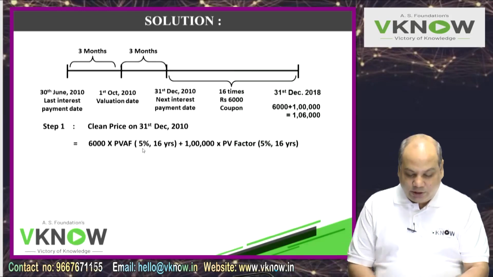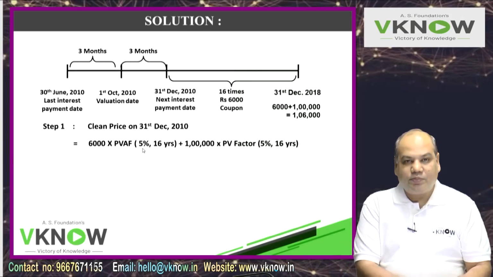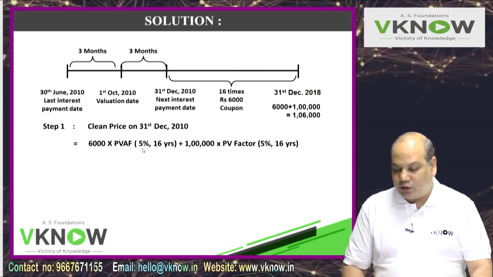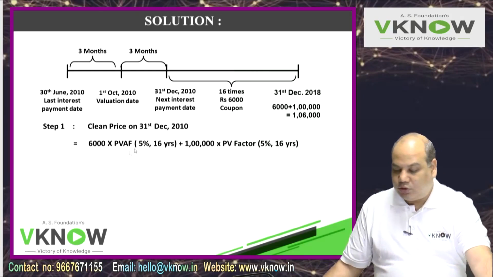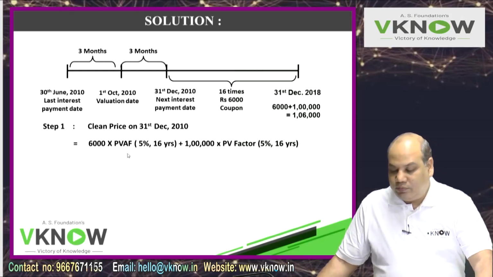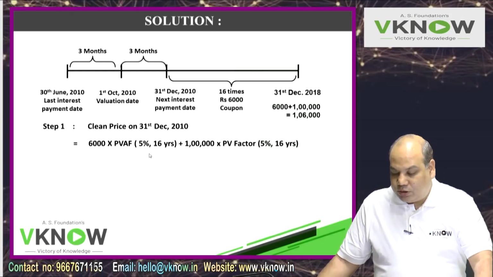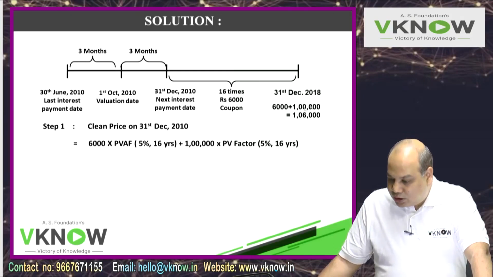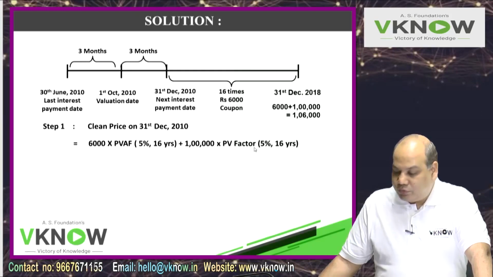So I will divide it by 2, that is 5%. So calculate 6,000 into PV annuity factor 5%, comma 16 periods, plus 1 lakh. This 1 lakh which you will get on 31/12/18, 1 lakh into same PV factor 5%, comma 16 periods.